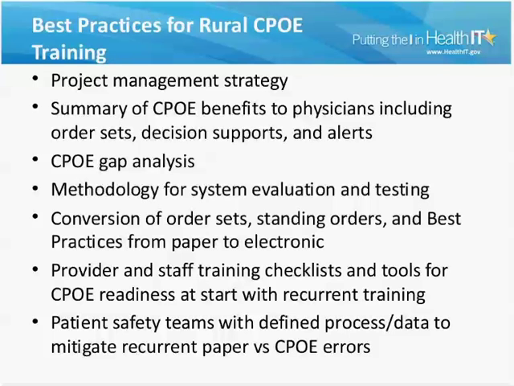We have to show the patient benefits in reduced medication errors, reduced adverse events. And we also have to show that there are tools to ease this transition, that we can actually set up macros, that we can set up order sets to allow the physician to work with CPOE much more easily than he or she might anticipate.